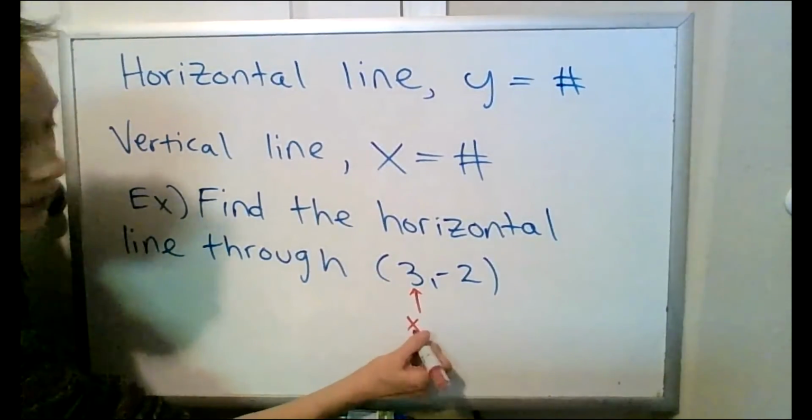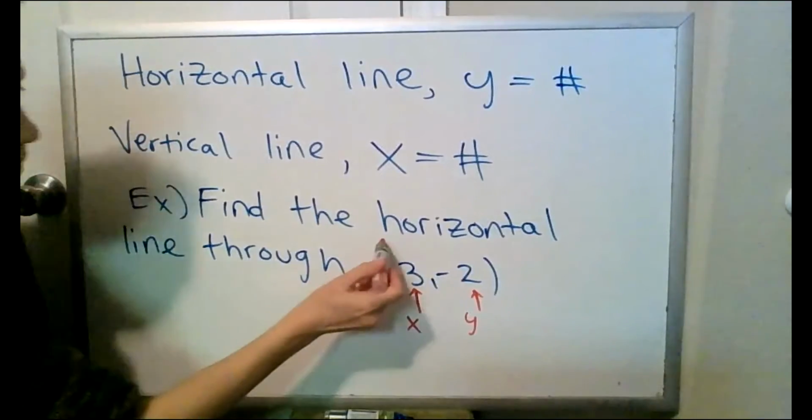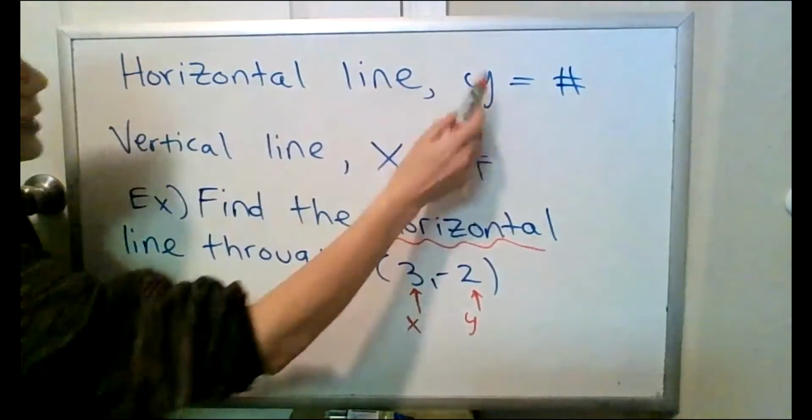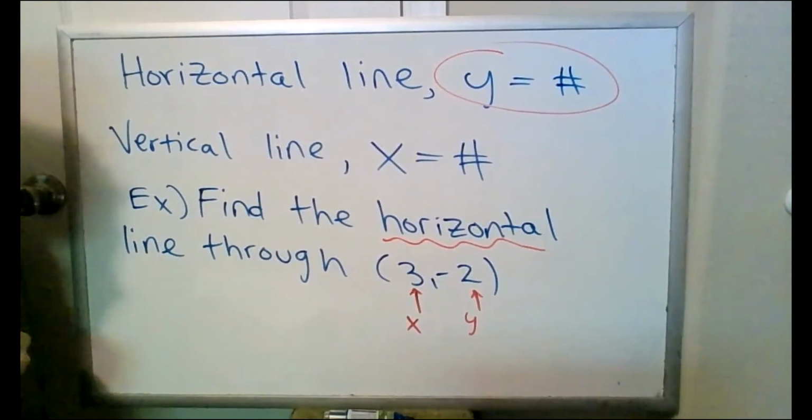This is the x coordinate, this is your y coordinate, and it's a horizontal line. So you want to go with that y value, and the line is y equals -2.